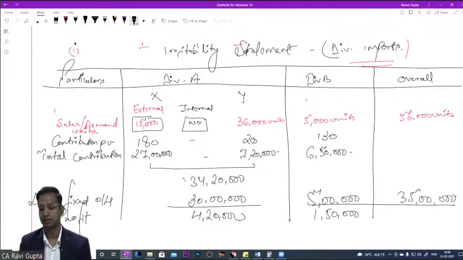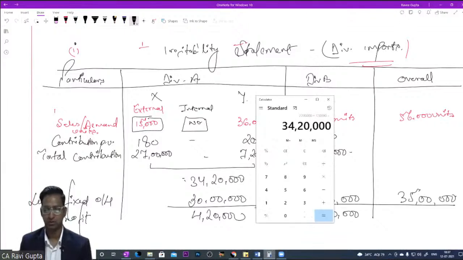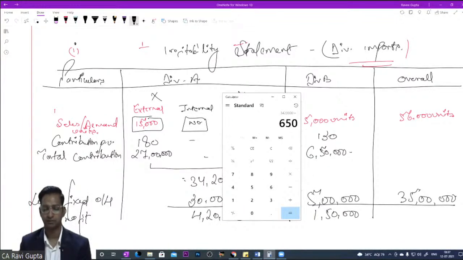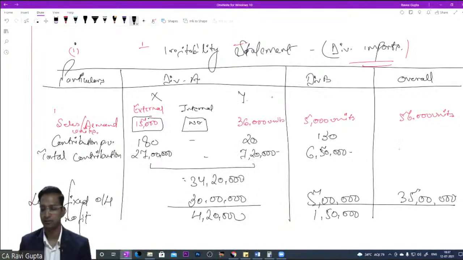And we need to do this total, that is 34,20,000 plus 6,50,000, 40,70,000, and this will be 5,70,000 as a total profit.